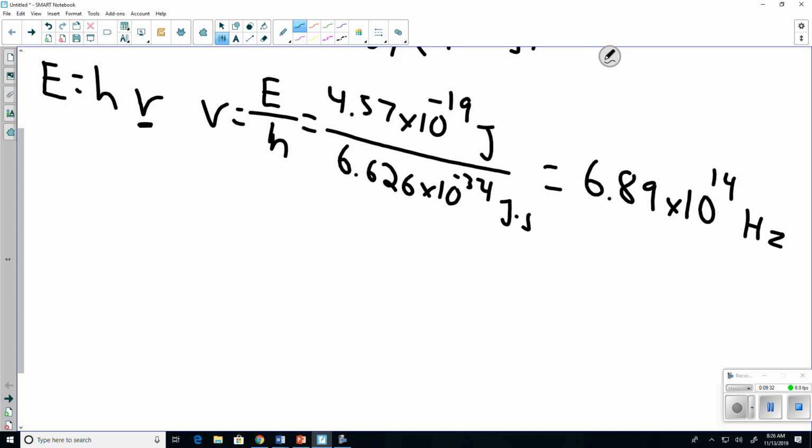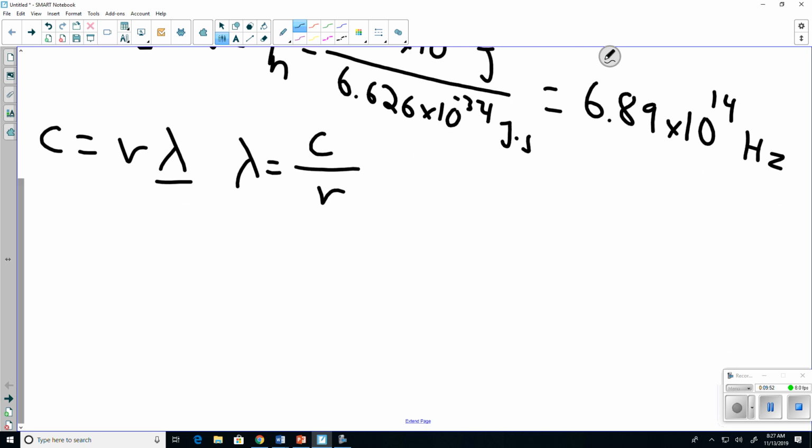So now I have a frequency. This question originally asked me to solve for wavelength. Remember, the other equation you're given is this equation. However, we're going to solve for wavelength, which is lambda. So this is going to equal the speed of light divided by frequency.